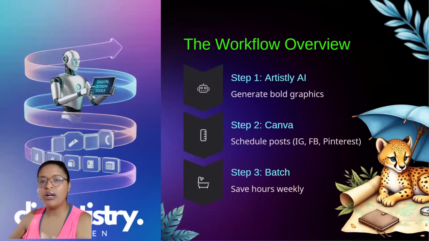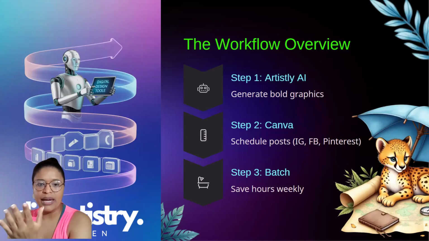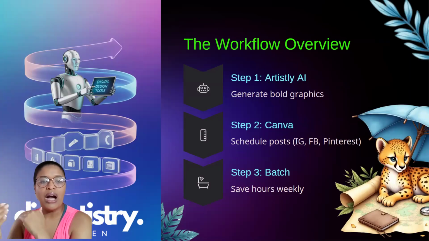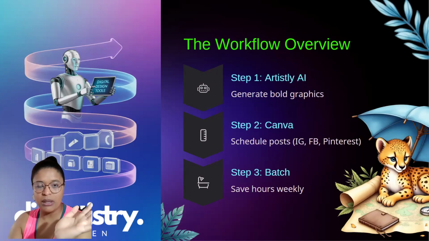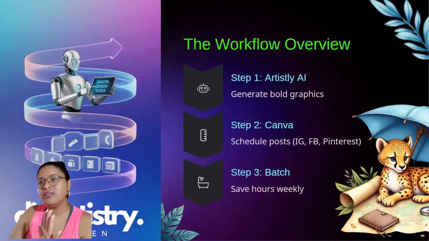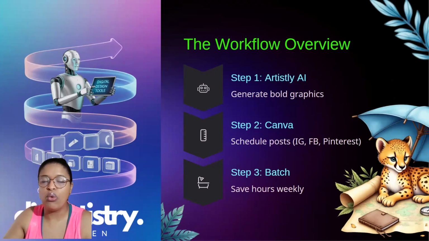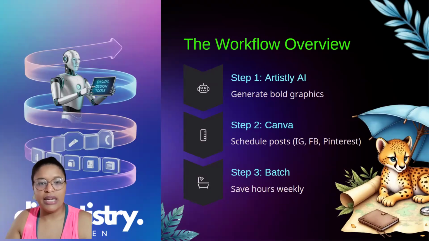So the workflow for today will basically be: step 1, creating in Artistry AI, how to generate bold graphics. Step 2, how to schedule. Maybe some of you know this, but for those who don't, I'll quickly show you how to schedule. And then also the batch creation, which is a fundamental step, especially if you're new and you need to warm up to the algorithm and you want to do maybe 30 posts, one a day for the next month.